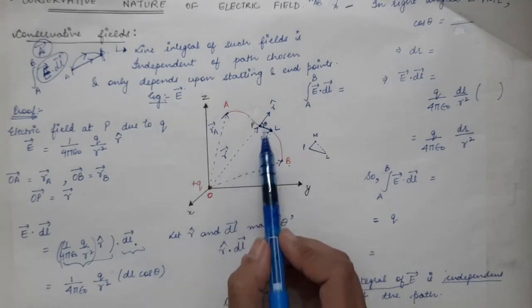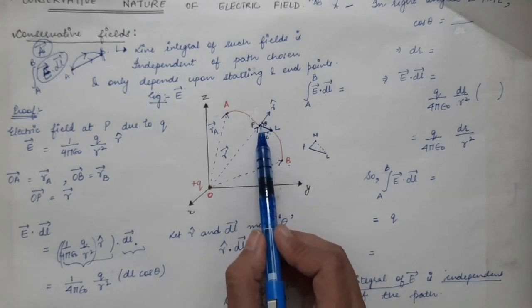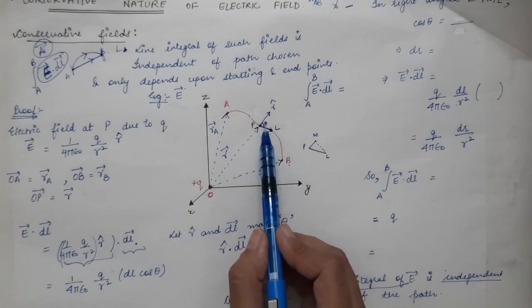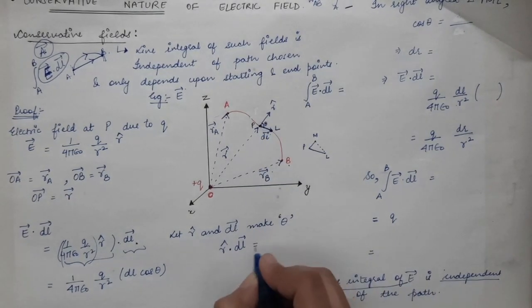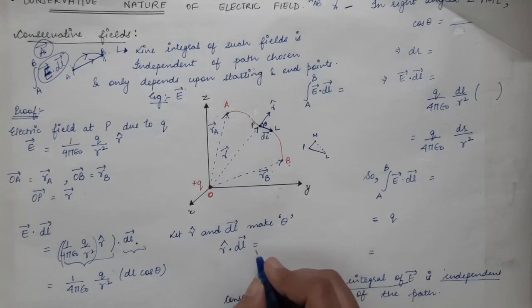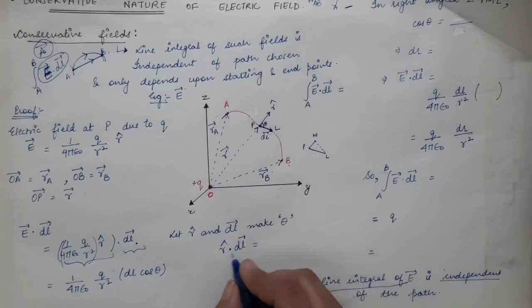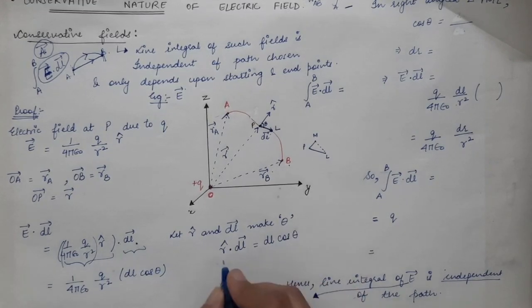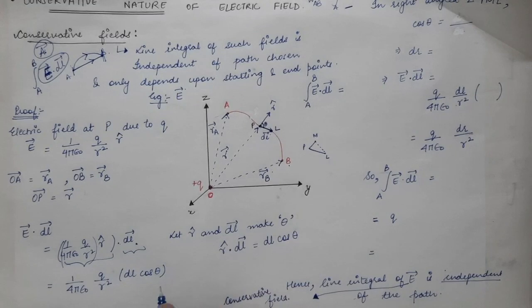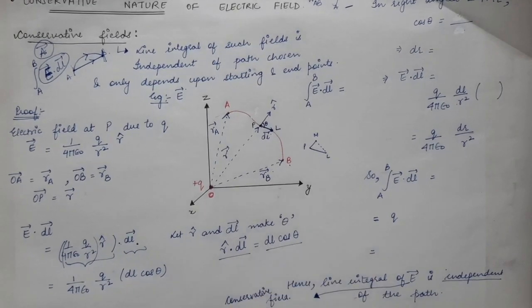So R cap dot product with dl vector will be magnitude of R cap into magnitude of dl into cos theta. That is nothing but dl cos theta, because the magnitude of R cap is 1, as it is a unit vector. So R cap dot dl vector has been replaced by dl cos theta.